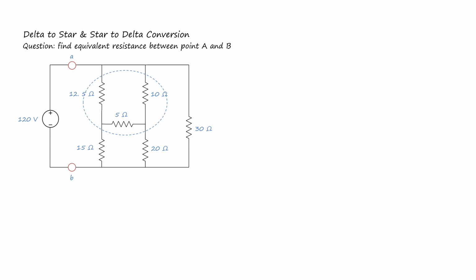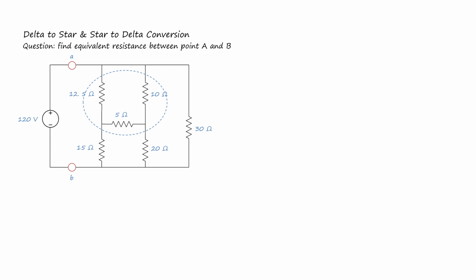And now also look at the middle part of the circuit. There is a 5 ohms resistor between the 12.5 ohms resistor and the 10 ohms resistor.